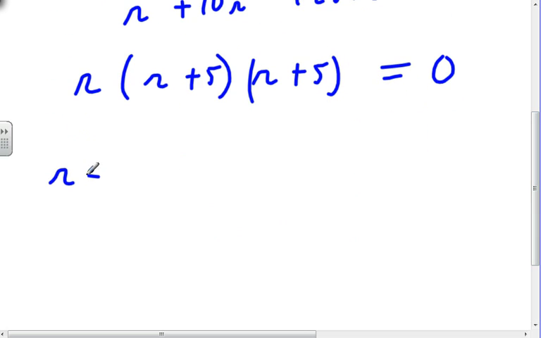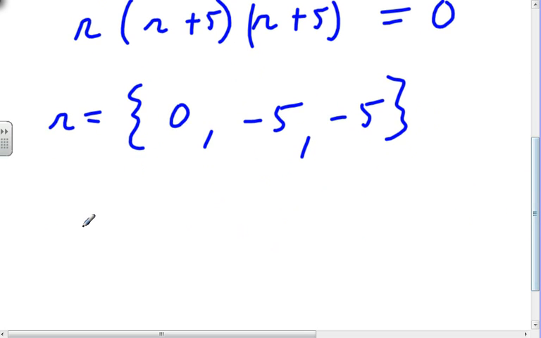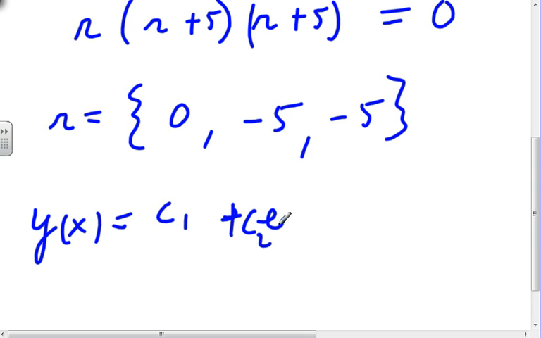So my r's are going to be 0, minus 5, and minus 5. My answer, y of x, is going to be c1. When I go e to the 0x, that becomes a 1, so I don't have to write it down. Plus c2 e to the minus 5x plus c3 x e to the minus 5x.